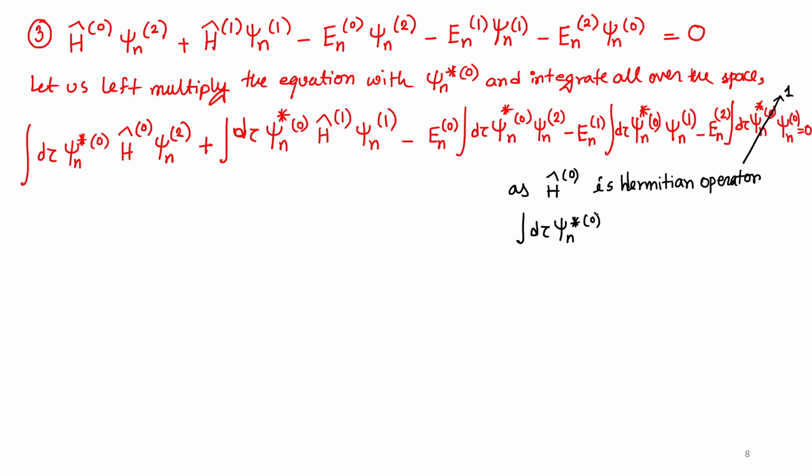So we are just using the mathematical definition for a Hermitian. We can write it in d tau psi n star, as we cannot operate this operator, the unperturbed Hamiltonian, over psi n second order. We are using these things so that this psi n zeroth order comes this side, and we can operate with the Hamiltonian. So this is the only goal, to use the Hermitian property of this Hamiltonian.